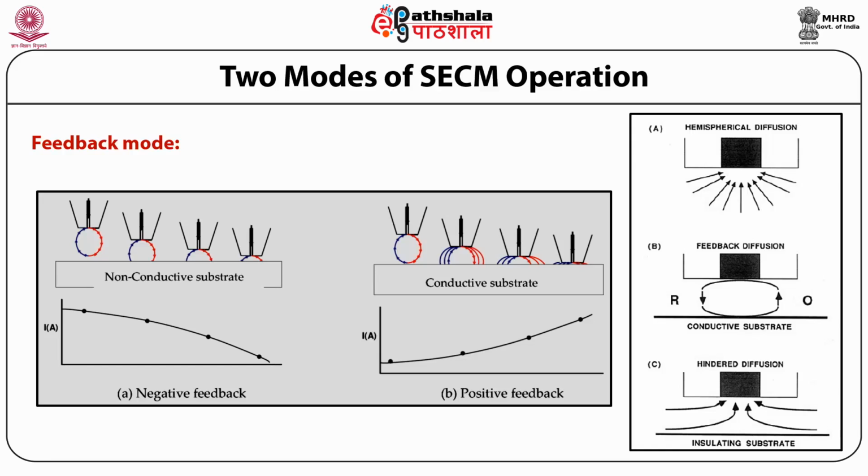In reaction rate feedback, the imaging conditions are manipulated so that the overall mediator turnover rate at the substrate is limited by the rate of substrate-mediator electron transfer. Experiments have demonstrated that the microscope can be used to map variations in electron transfer rate at metallic electrode surfaces and enzymes in biological materials.